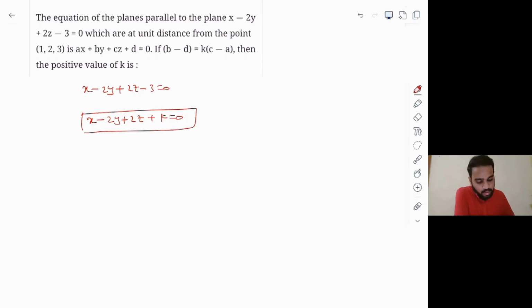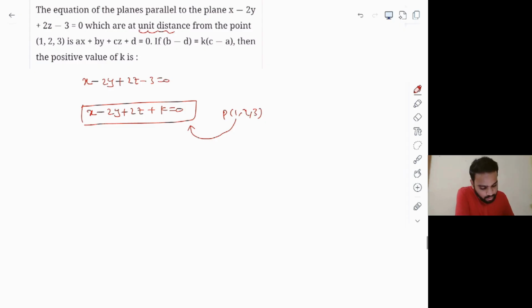Now what is the question here? The plane is at a distance of 1 unit from the point P. Let's call it 1, comma 2, comma 3 point P. So from this point, the distance to this plane is exactly 1 unit, right?